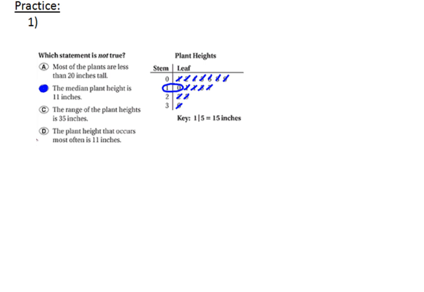We're going to keep on going though. Again, to find the median, you could have done it the way I just did it, or you could have written the numbers out the long way. 1, 2, 4, 5, 6, 8, 9.